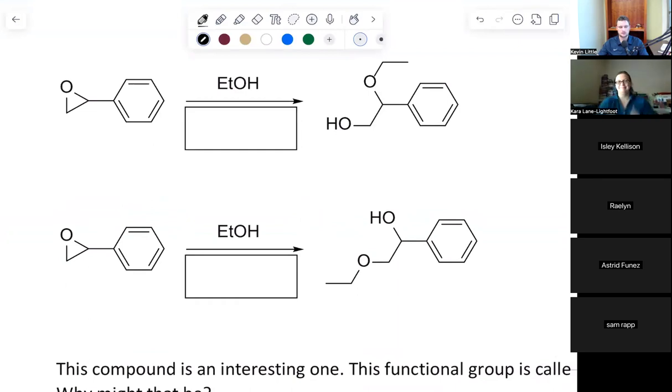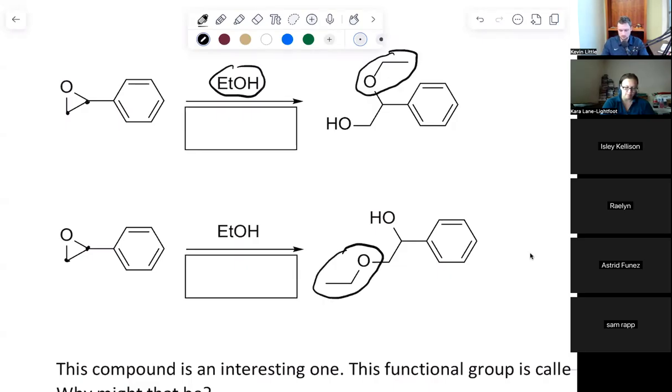All right. So this is the same question, but I get two different answers. I'm starting with an epoxide, and the key thing to keep in mind with epoxides is I have two different carbons I can add into. I see ethanol, and so my first thought is, where is it in the final product? To me, that looks like the ethanol, and that looks like the ethanol.